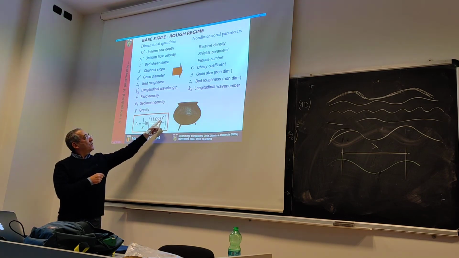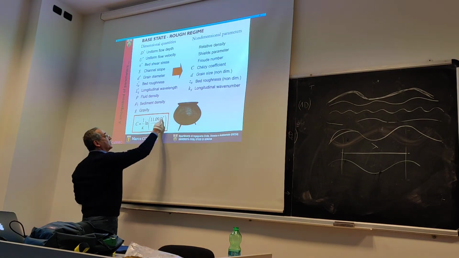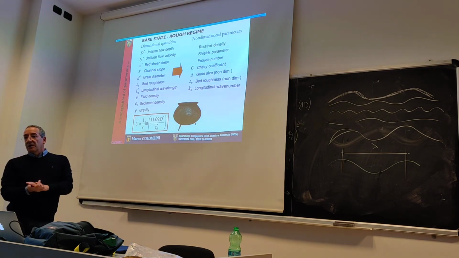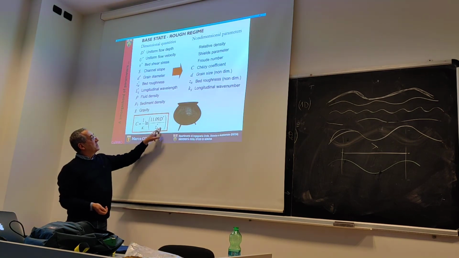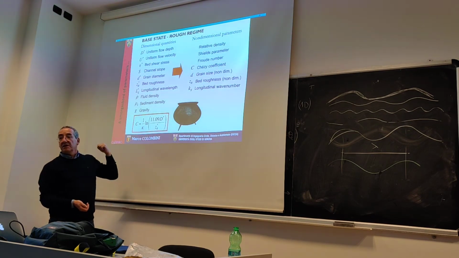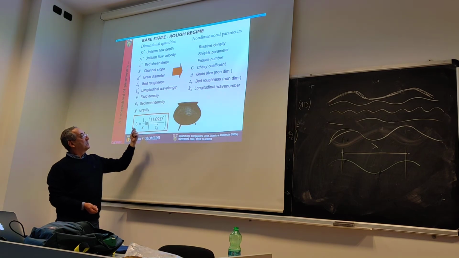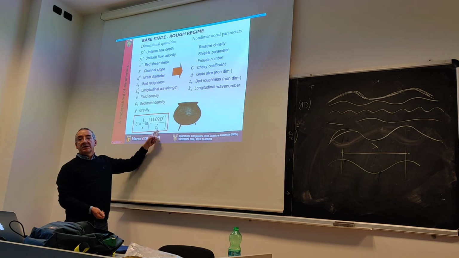So if you go to shallower flow, if you decrease d or you increase the roughness and so the grain diameter, C decreases. So a lower value of this non-dimensional conductance coefficient means either shallower flow or coarser sediment.